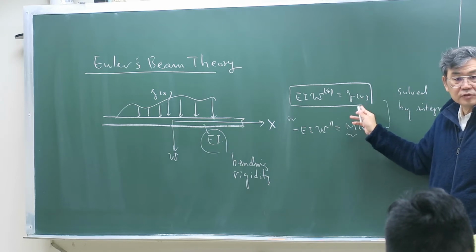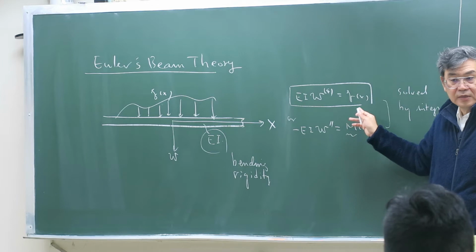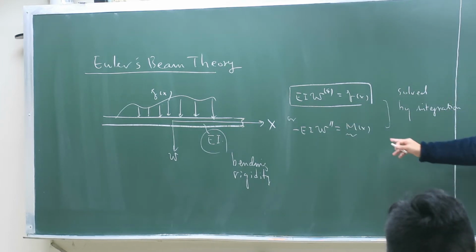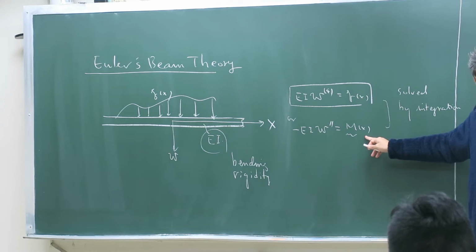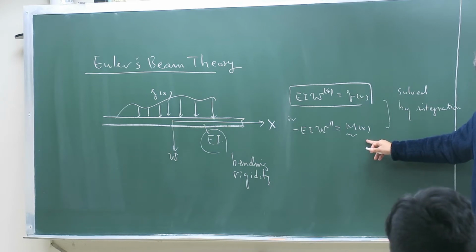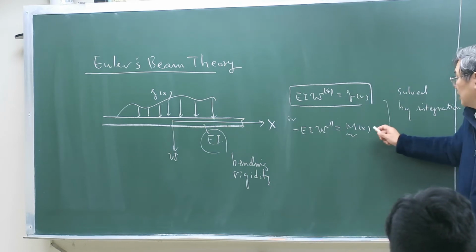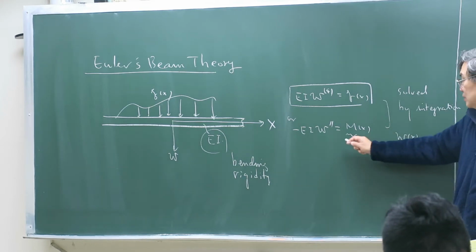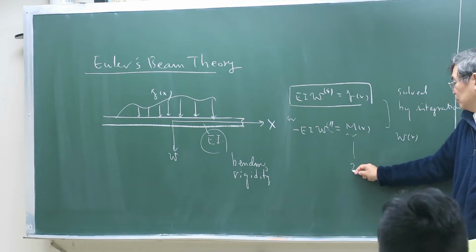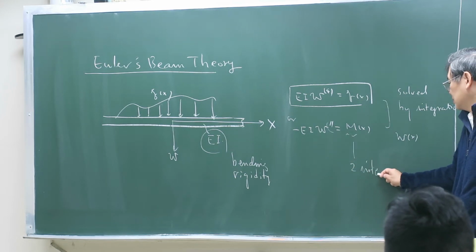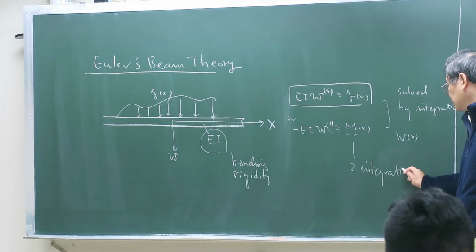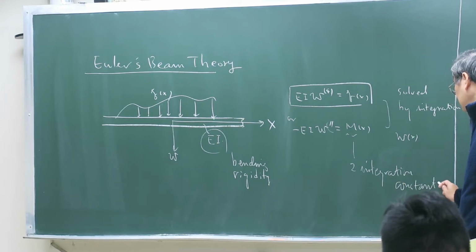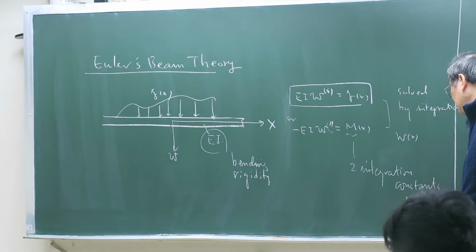Those 4 integration constants will be determined by the boundary conditions, right? This only needs to integrate twice. You can get the displacement, okay? We can get Wx twice, so you have 2 integration constants to be determined.